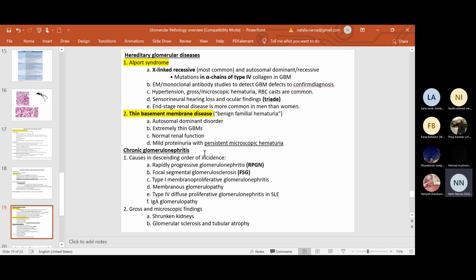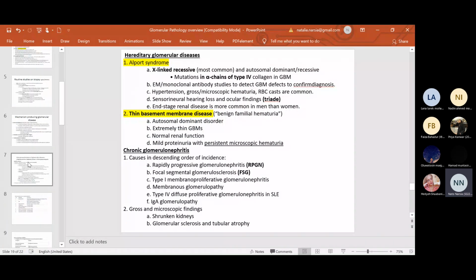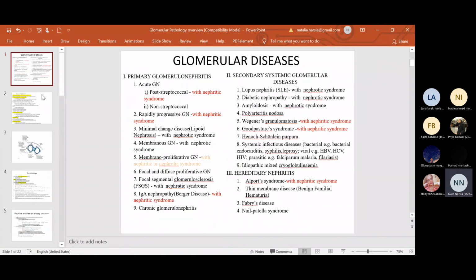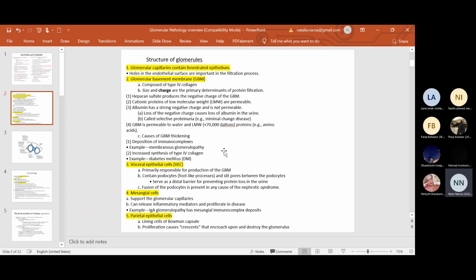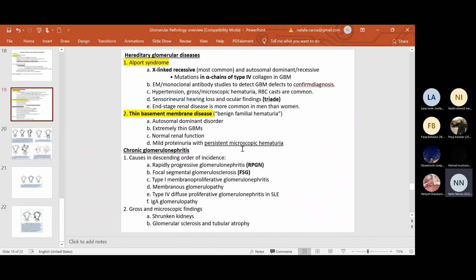Chronic glomerulonephritis is the last condition in the group. Do you remember? We started here with the major groups: primary, secondary, and hereditary, and chronic glomerulonephritis. So what happens in the chronic one?